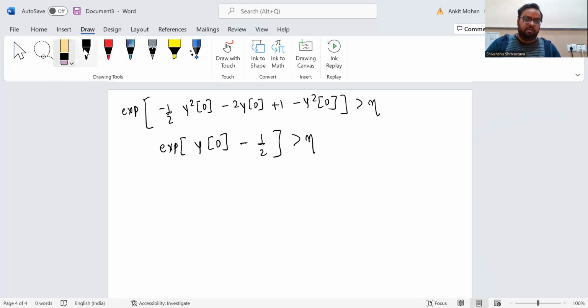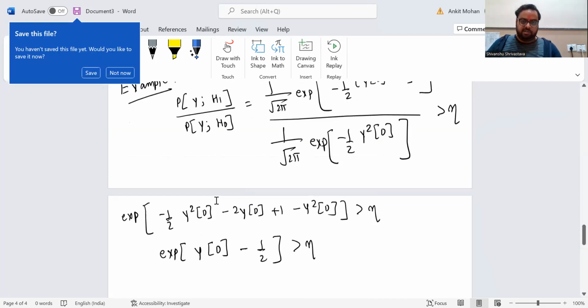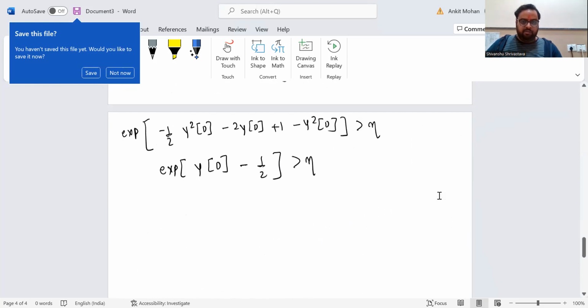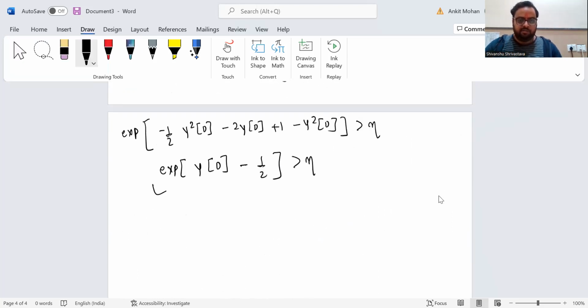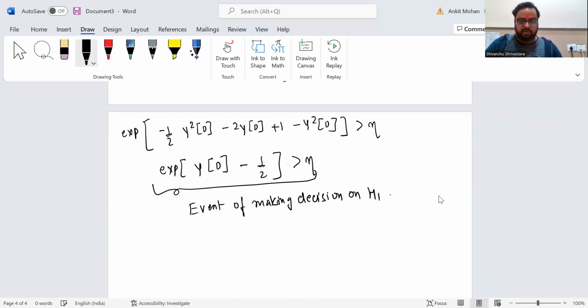Basically, this is an event that the likelihood ratio, the sufficient statistic, is greater than eta. That means that we are making a decision H1. This event says that this is the event of making a decision on H1.